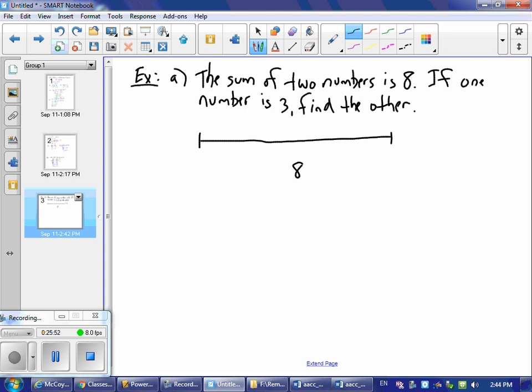This whole distance here has to be 8. I'm telling you that one of those is 3. So if I start on the left-hand side and I go out however much 3 spaces is, what we're really looking for is what's left over.